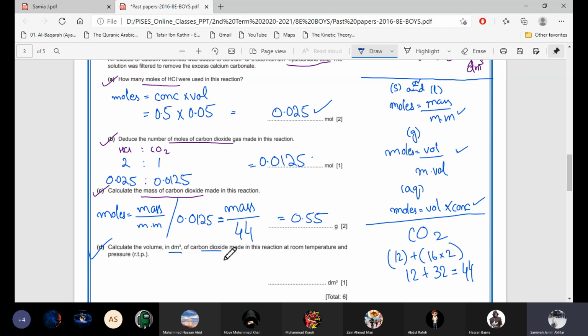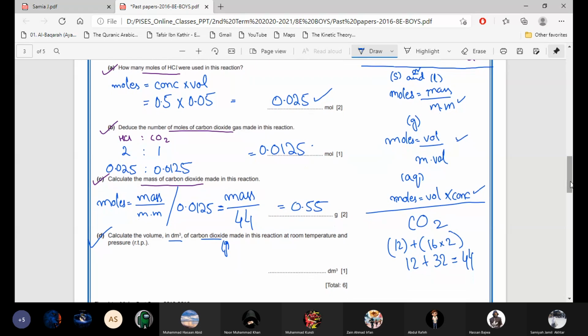Carbon dioxide, remember, carbon dioxide is a gas. And we'll do moles multiplied by 24. Moles multiplied by 24. Very good.